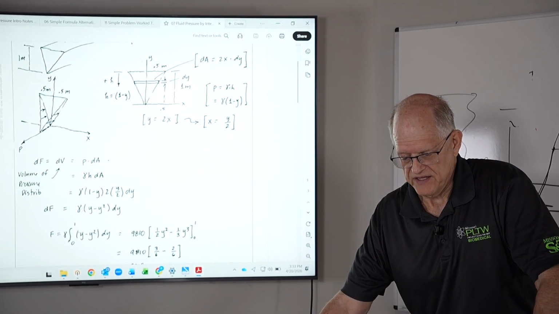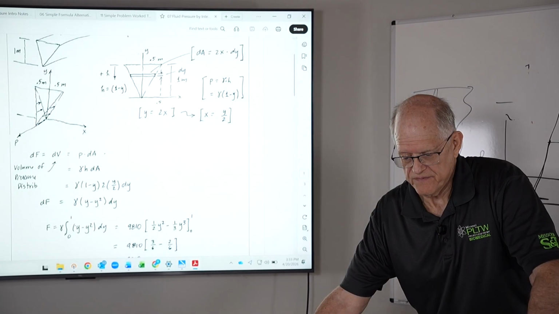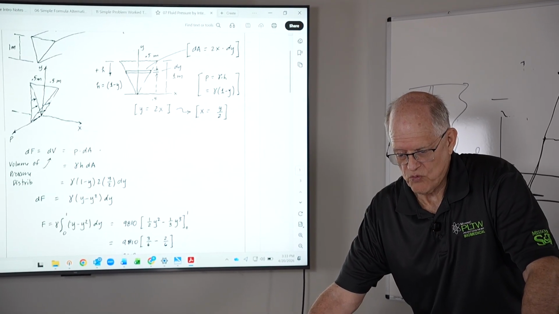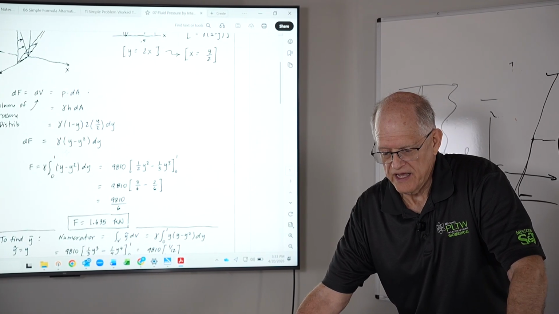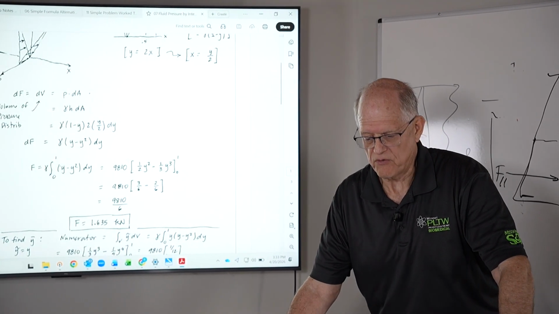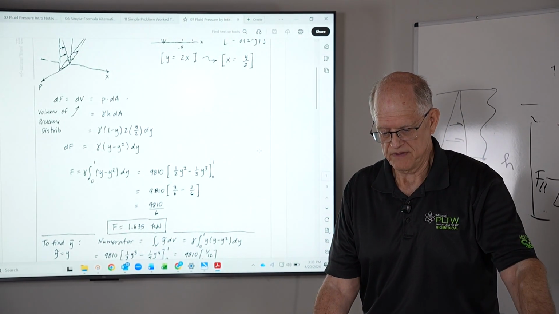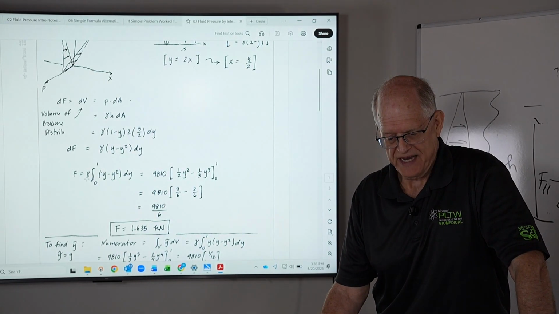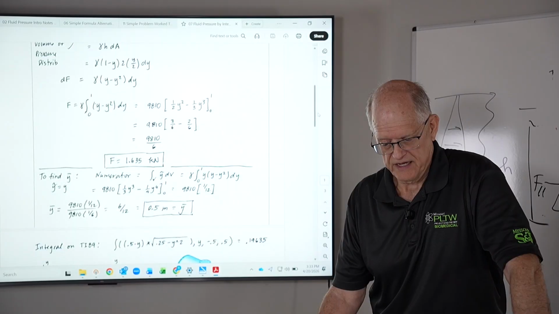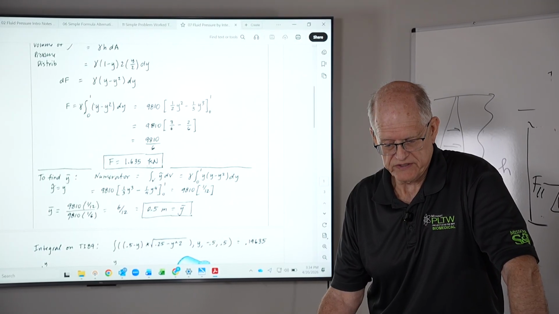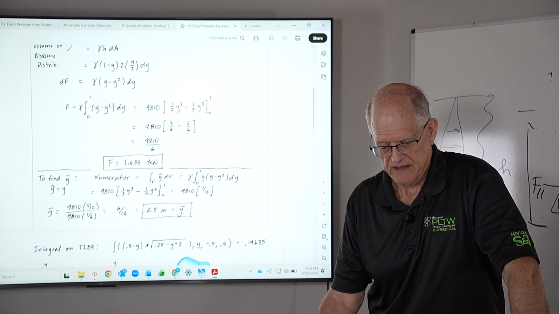Just simplifying this, I've got a y here, so I've got gamma times y minus y squared, dy. If I integrate from 0 to 1, and I plug in my gamma, this is fresh water, which is 9810, I get my force is 1.64 kilonewtons.